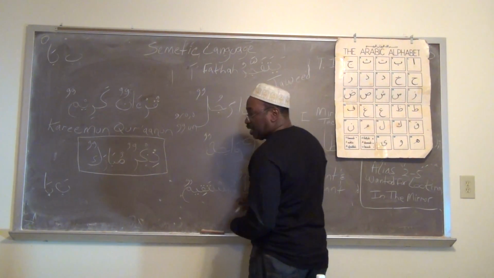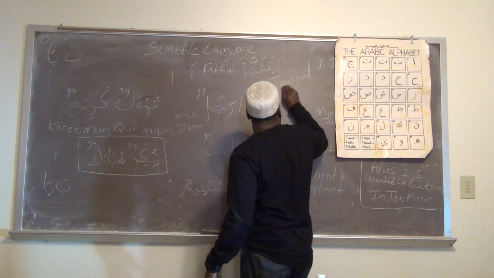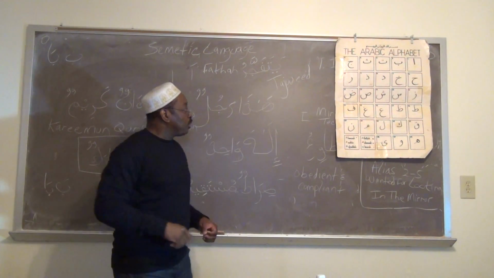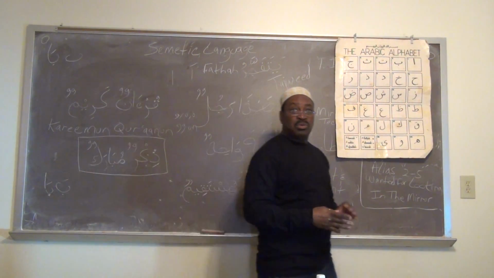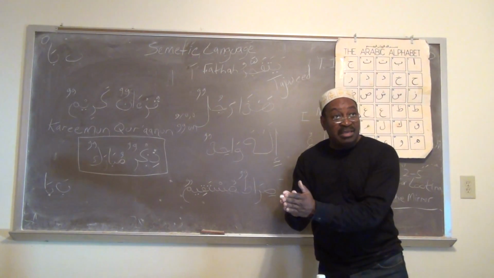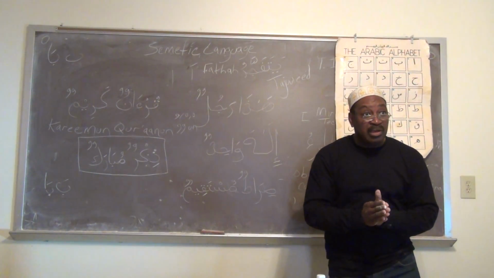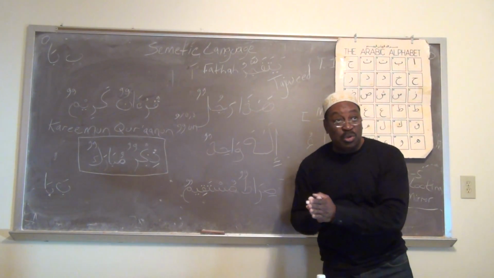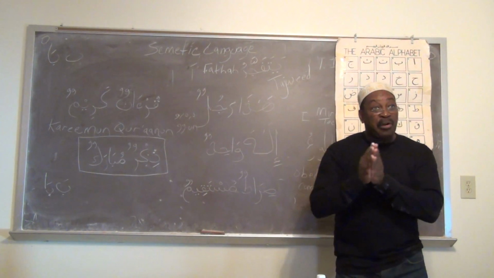Tajweed, some people just put a T-A-J. Okay? Tajweed comes from the word jawada. Look at it. J-A-W-A-D-A. That's a perfect verb, meaning he plus the past tense, so that means he perfected.